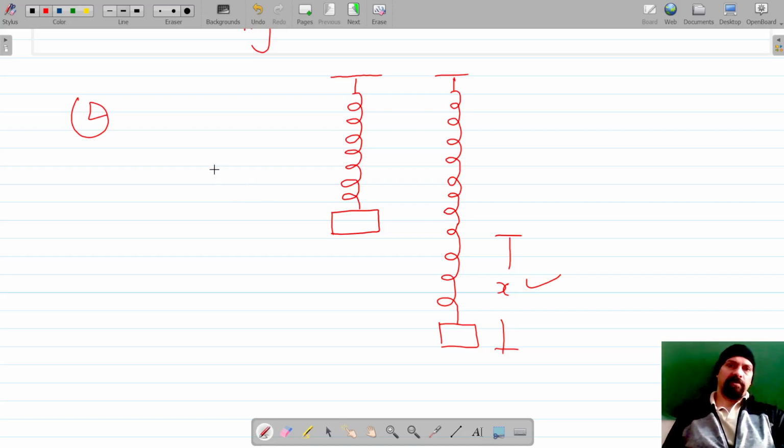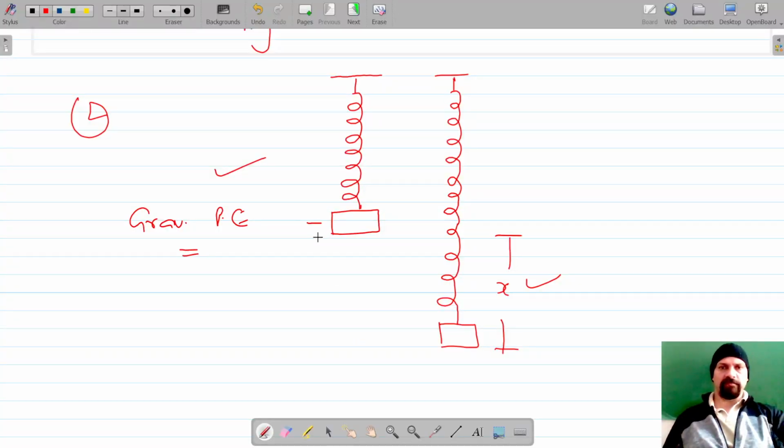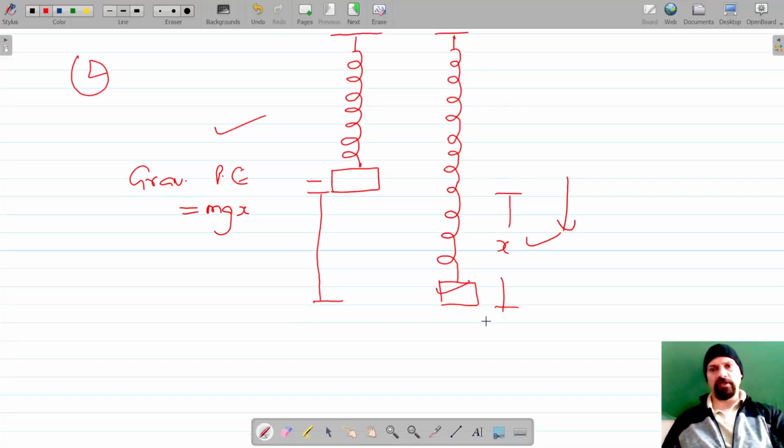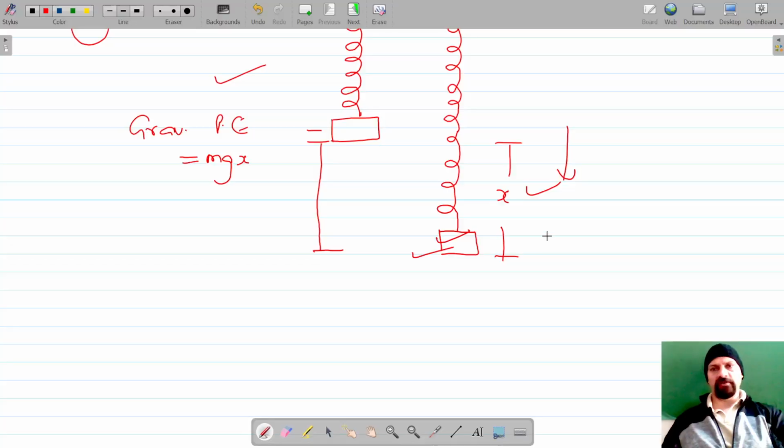Okay, when the spring is allowed to fall freely, it's the gravitational potential energy, at a height above the position where the body stops, that is mgx. Now this gravitational potential energy gets converted into elastic potential energy.